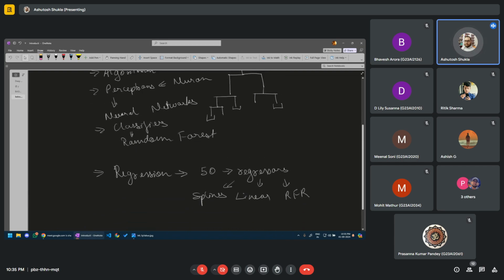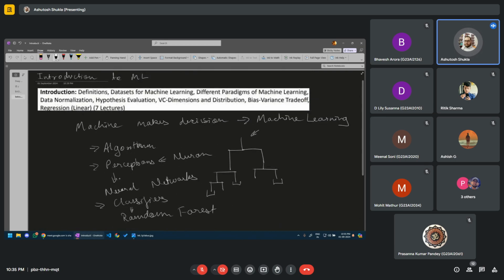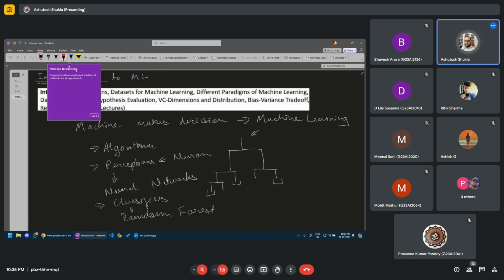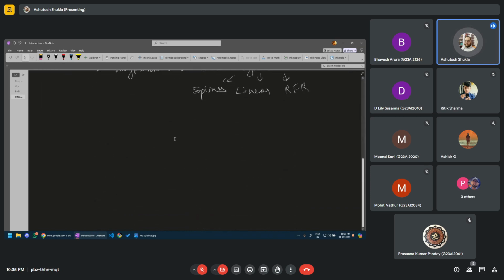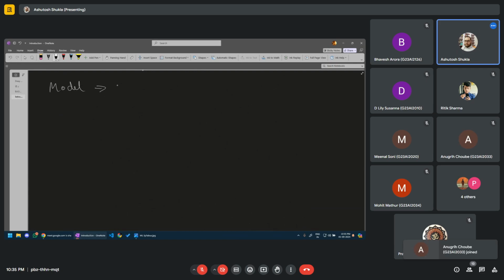Okay, so now the other part is, this is just a definition of machine learning. Let me mark that one. Okay. Now let's quickly talk about certain terms that we will run into a lot in this subject. So, for example, what is a model? A model is basically a mathematical representation of an algorithm.